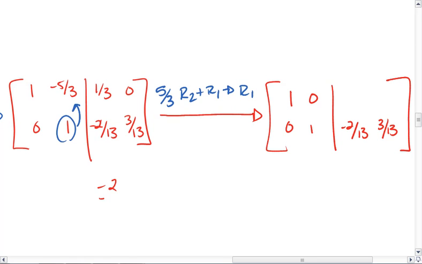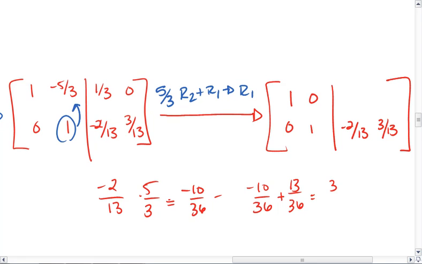Now negative 2/13 times 5/3 equals negative 10/39. I'm going to add this with 1/3. So negative 10/39 plus 1/3 is the same as plus 13/39, which equals 3/39, which reduces to 1/13.